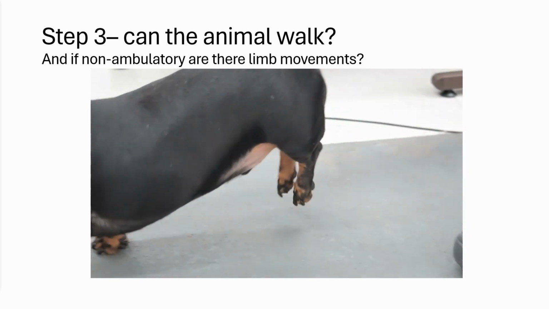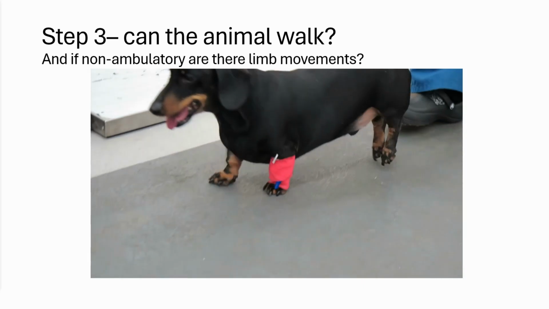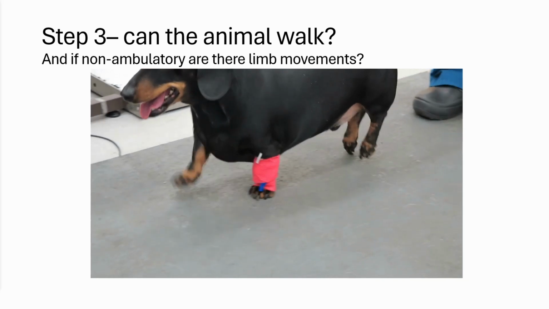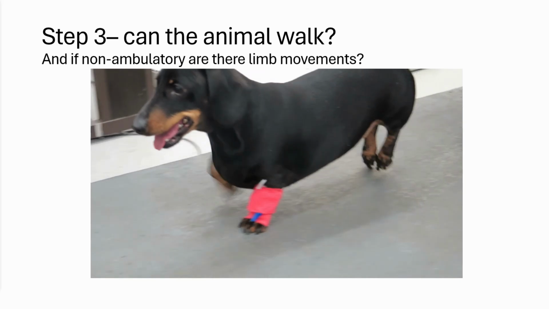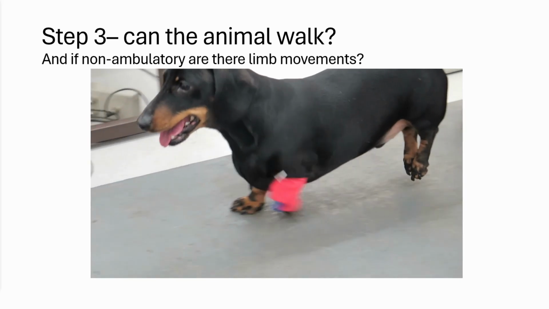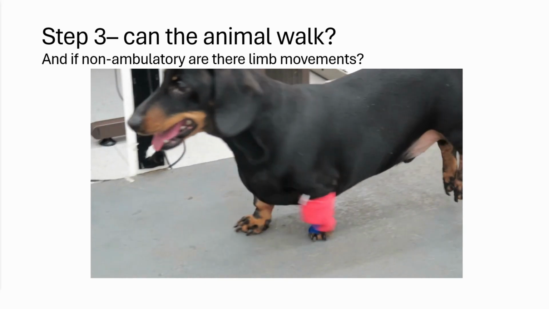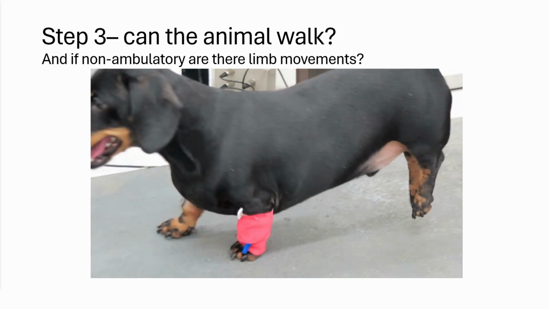Just note, I don't normally use the tail to support dogs. It's just for the purpose of the video. Normally we would use a hand under, and we can see that there is some sort of movement with this animal, but actually this animal's legs are either flapping in the breeze, or there is already some spinal walking going on with this dog because he had no deep pain perception.